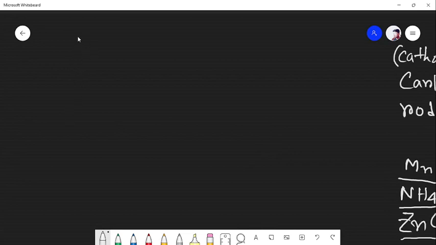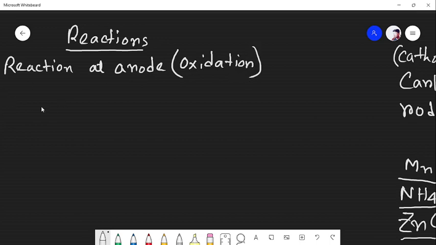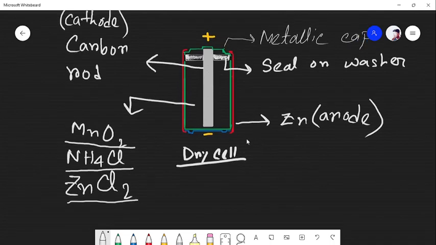These are the reactions that are going to take place here. First, let's look at the reaction at the anode, which is always oxidation. What happens at the anode?